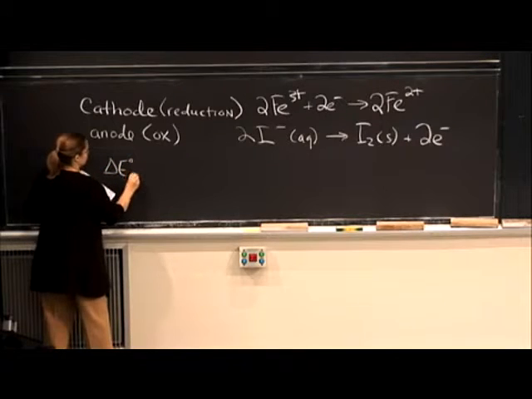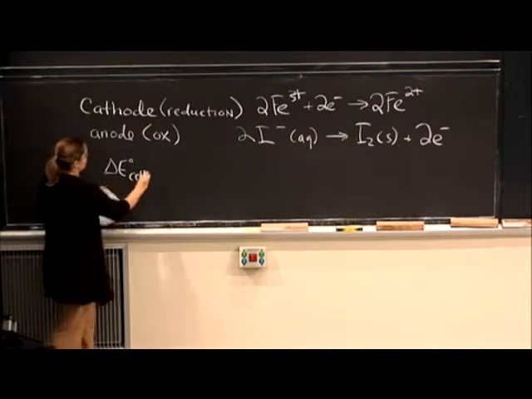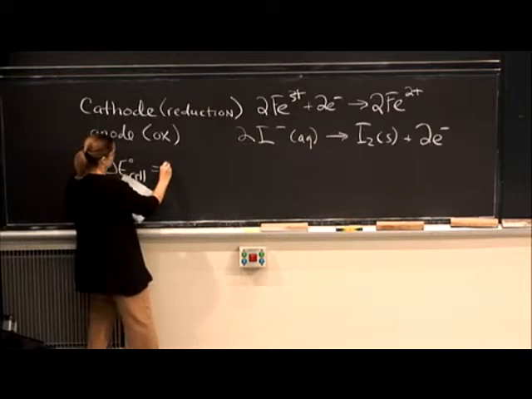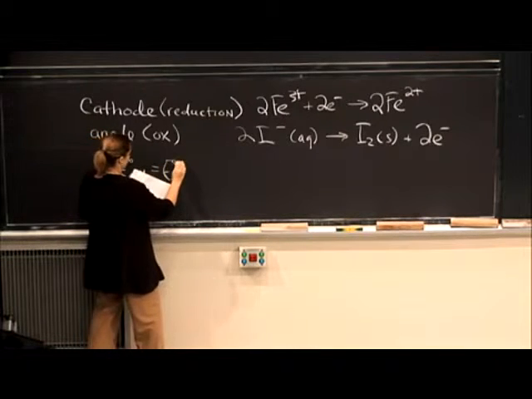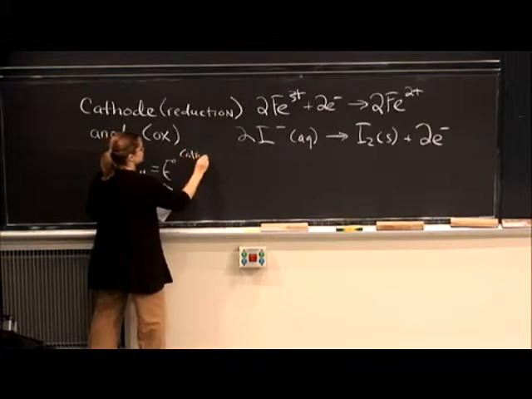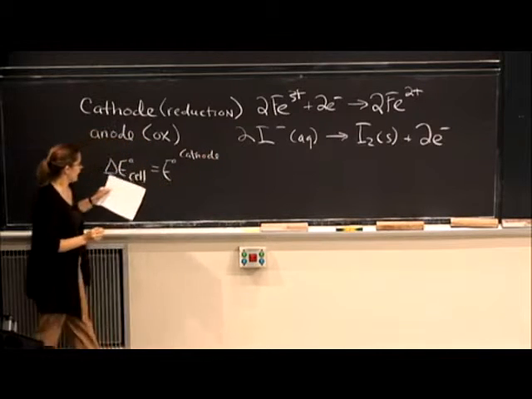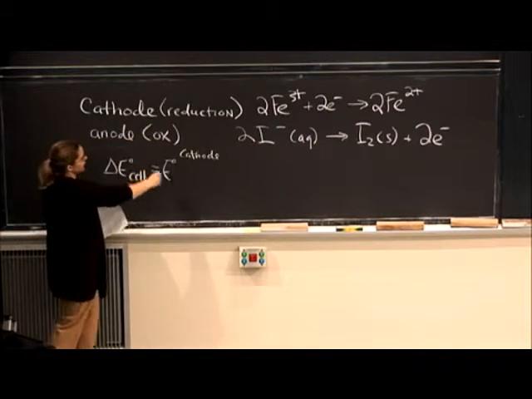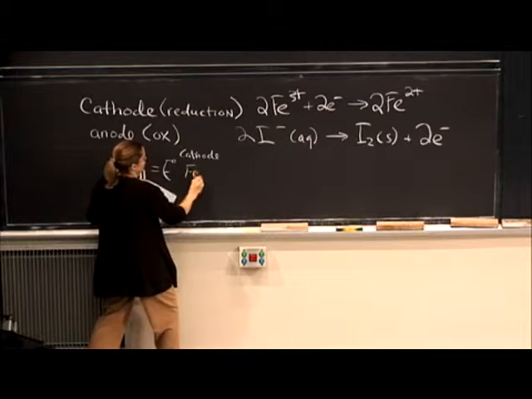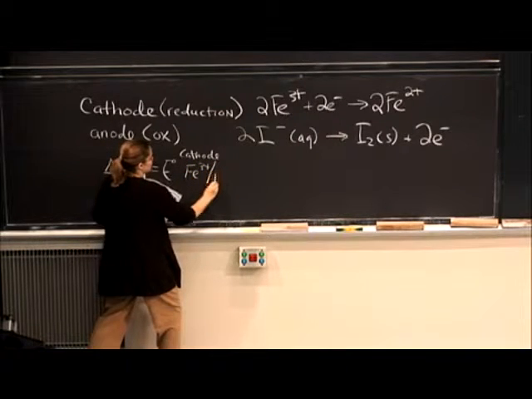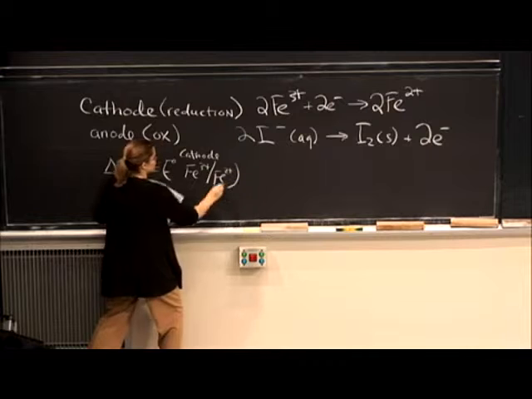So now we want to calculate E naught for the cell, and that's going to be equal to the E for the cathode reaction. And that particular couple at the cathode, we're looking at iron 3 plus going to iron 2 plus.